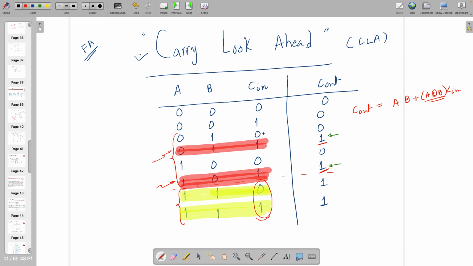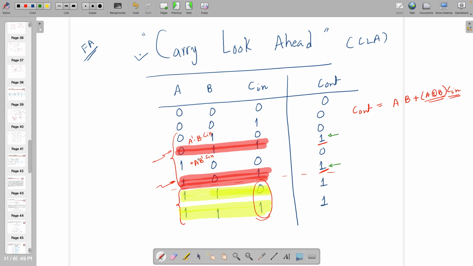I am not interested in the other zeros, but it has to be multiplied with C in and not C in bar. If it is C in bar, then it's 0, right? So these two entries are only possible when it's A bar B C in plus A B bar C in.